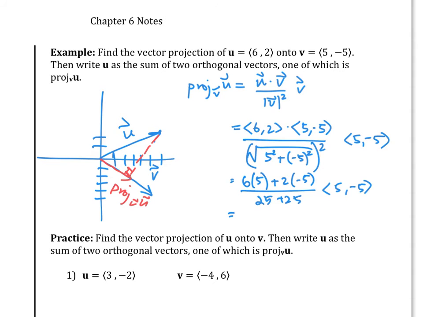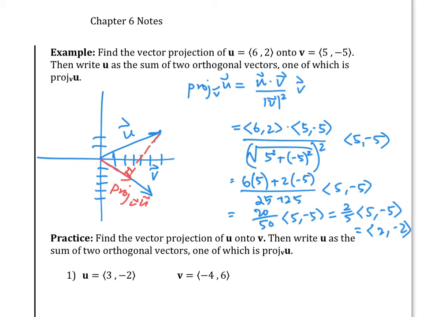Notice this left-hand part is all scalar, so you end up with a number multiplied by a vector. 6 times 5 is 30, plus 2 times -5 is -10, so 30 minus 10 is 20, over 25 plus 25, which is 50, times (5, -5). 20 over 50 is 2/5, and 2/5 times (5, -5) is (2, -2).